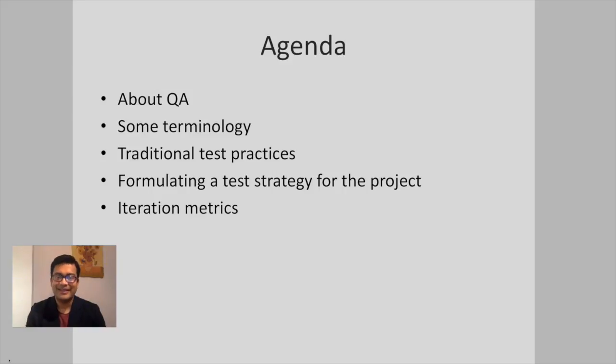So let's go. In today's agenda, we are going to cover a few topics about QA, some terminology, traditional test practices, formulating a test strategy for our project, and iteration metrics. Iteration metrics is something I would like to cover as a part of Agile strategy, because what we want to get out of this presentation is to formulate a strategy for Agile projects, how to measure it, and how to see what kind of benefits we are getting as a result of those metrics.